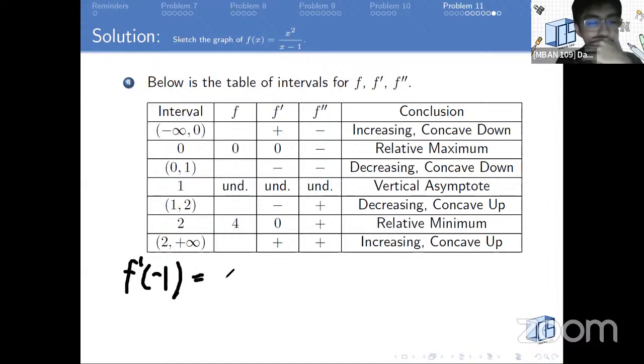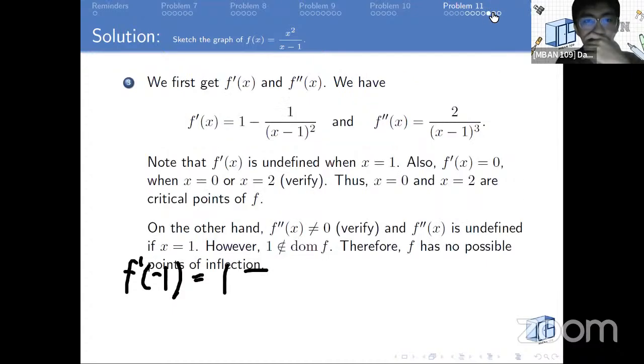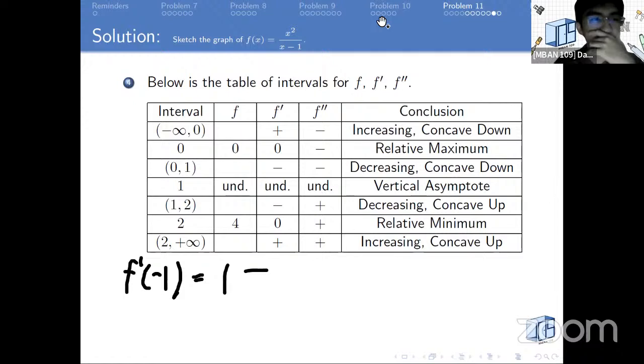So magiging 1 over 1 minus square of x minus 1, so 1 over negative 1 minus 1 squared.